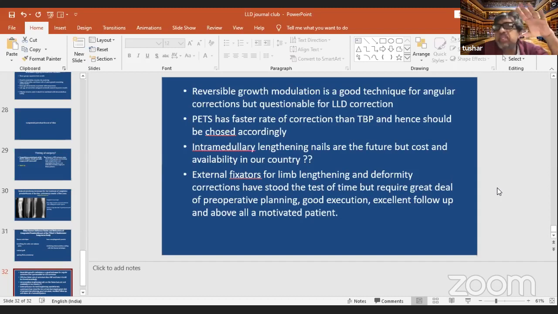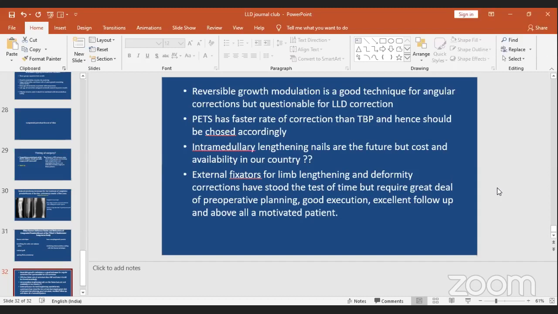So one of the gaps between what is the new literature on limb lengthening and our country is that most of the new literature involves self-implanted, self-distracting nails and the Taylor Spatial Frame, the 6-axis correction. And because of the cost constraint, both these devices become difficult in our country. And we are still using the traditional ways of lengthening.